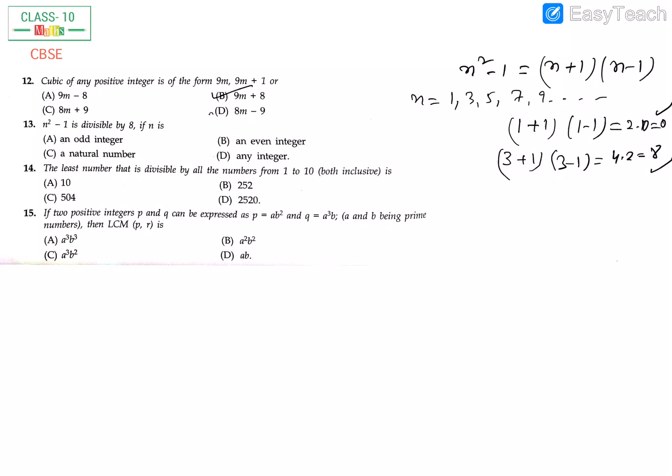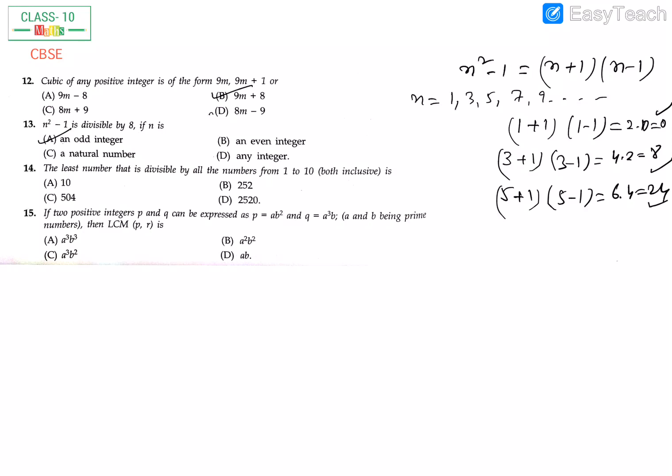Now for n is equal to 5: 5 plus 1, 5 minus 1 means 6 into 4, 24, which is also divisible by 8. So our option A is correct. No need to take other options as we have found A as our answer.